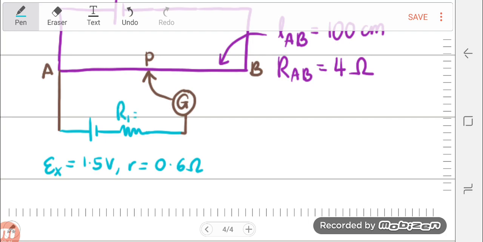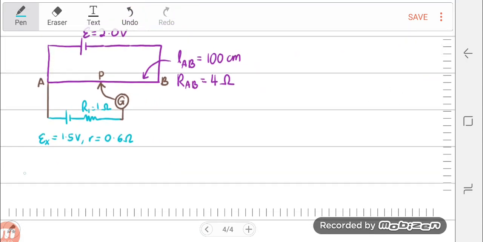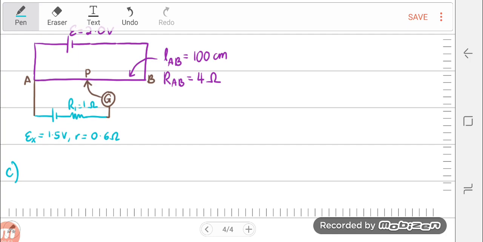So the R1, which is 1 ohm, is put here. Now in here we can see that again the lower circuit is still an incomplete circuit. There's no current passing through it because they are not connected from one point to another. This is just a loose end over here.